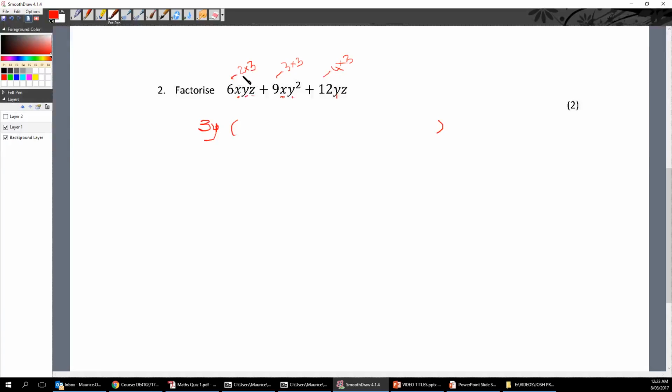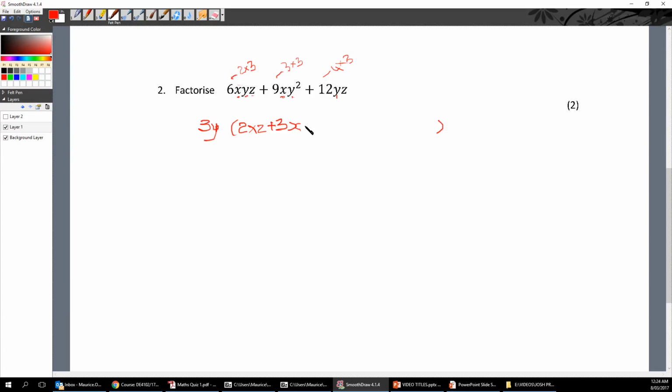Now we say the 3, so that's going to be 2. And we take out the y, x, z. 2xz plus, now we've got 3 times 3, so we can take out just one 3, plus 3x. X is not common to anything.